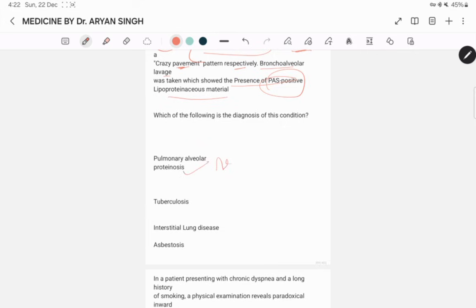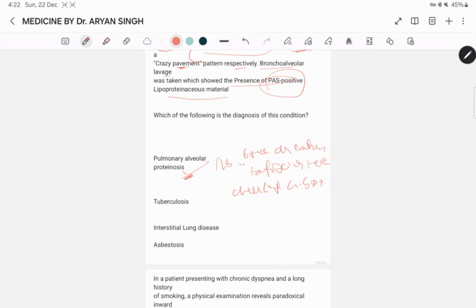Pulmonary alveolar proteinosis is the best answer. It has characteristics of breathlessness on exertion, fatigue, fever, and chunky gelatinous sputum plugs.